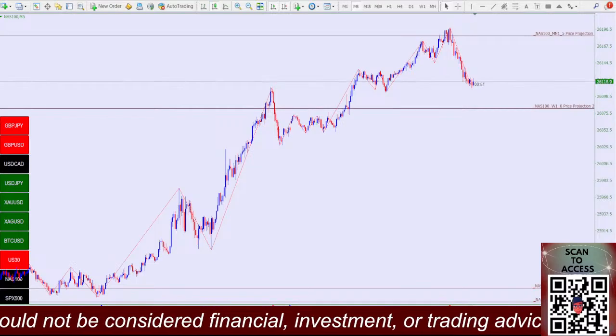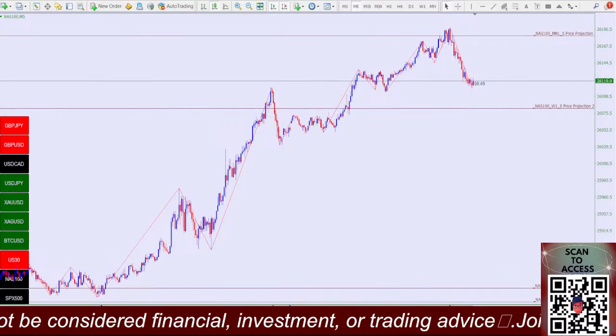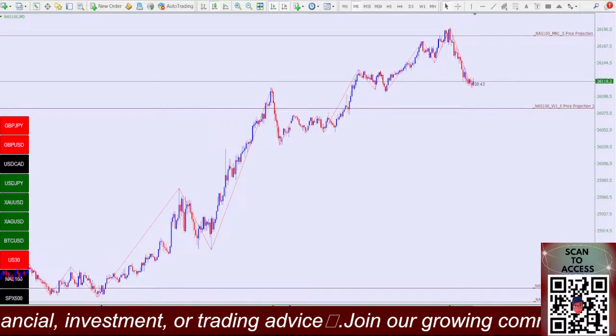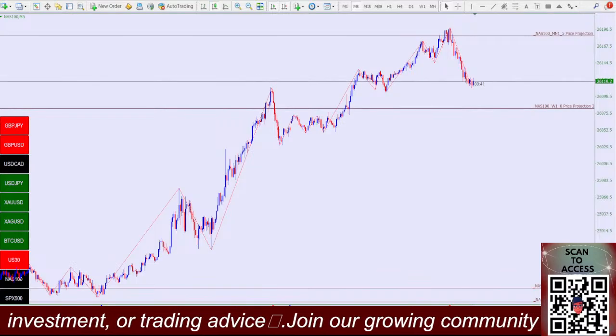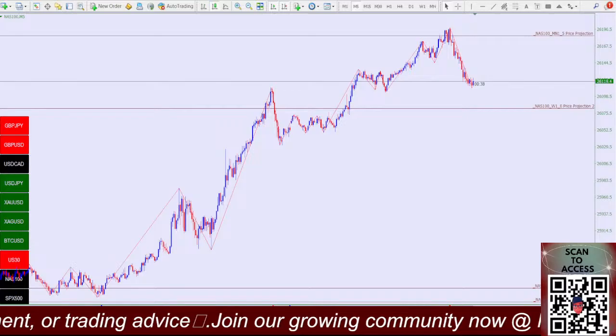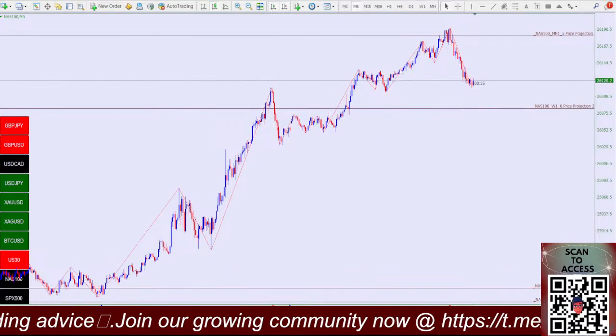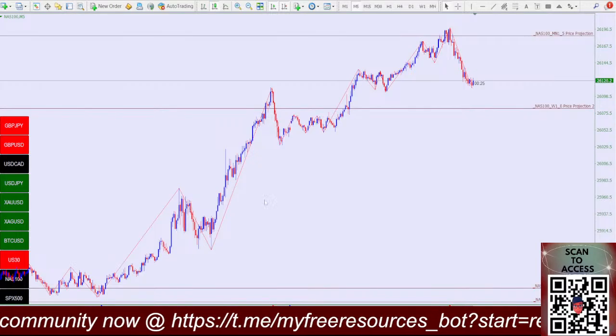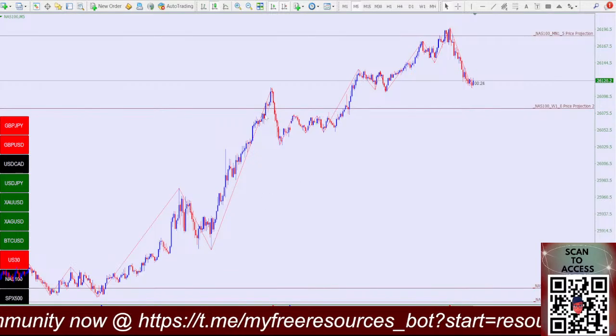They are calculated zones where price always does something. It could react, it could reverse, and it could even break out strong.